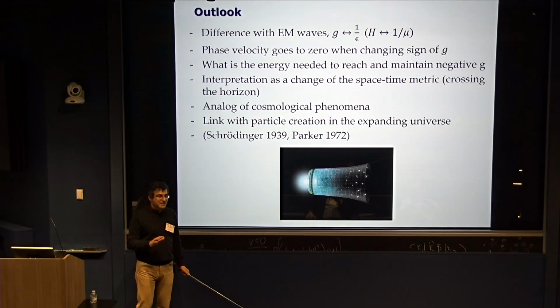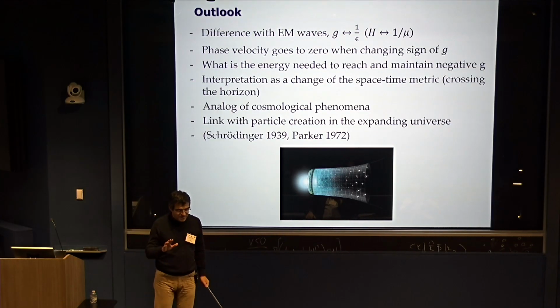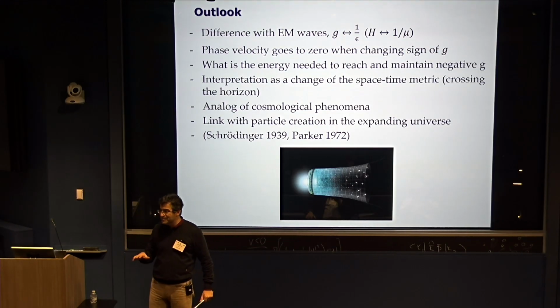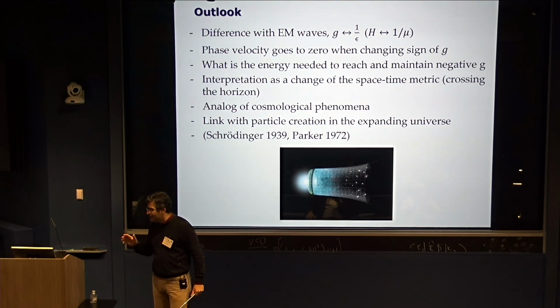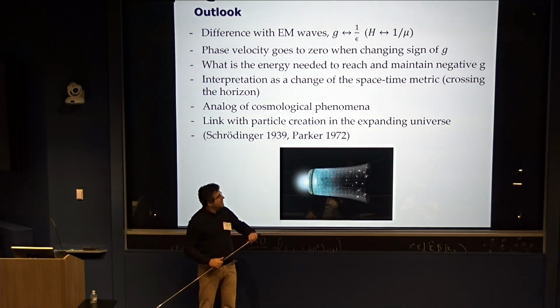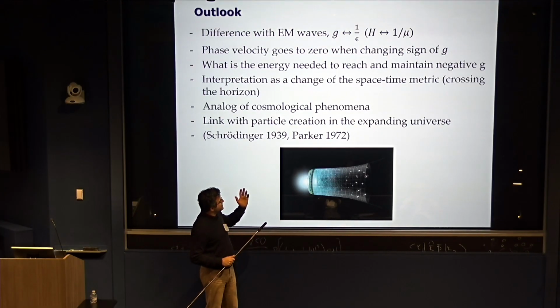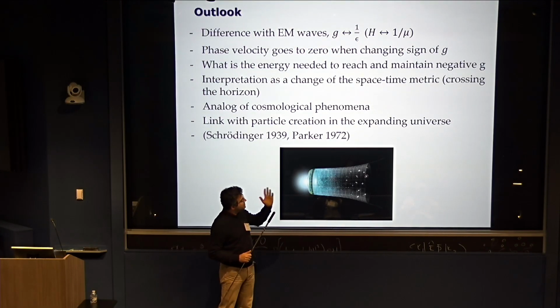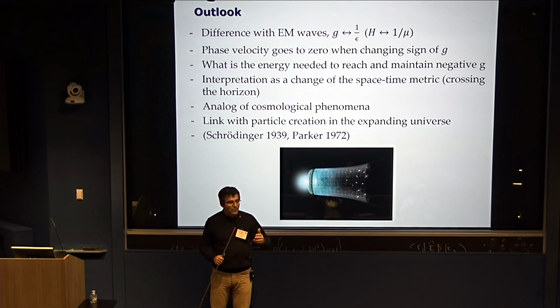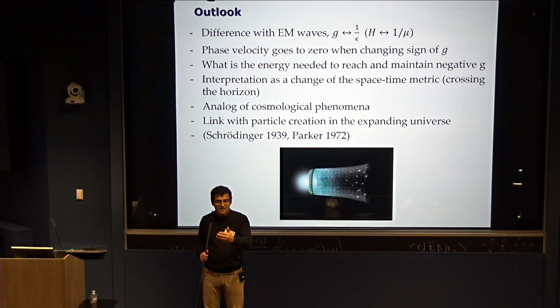Another thing that I would like to study, so maybe in the audience some people are aware of this, is the link with space-time metric. We always interpret the change in time in our simulation as a change of permittivity.